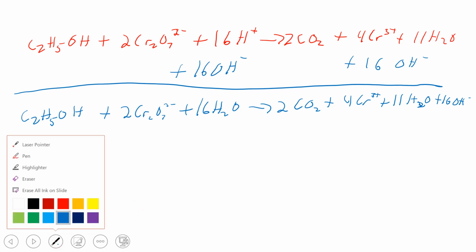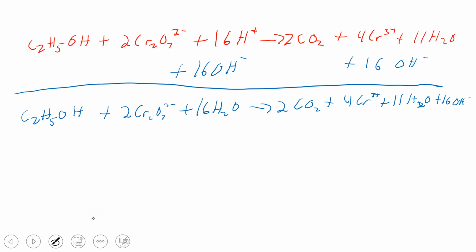any water that shows up on both sides. So we have 11 waters here on the product side and 16 on the reactant side. So 11 of these waters are going to cancel with 11 of these, and we're going to be left with 5 waters.